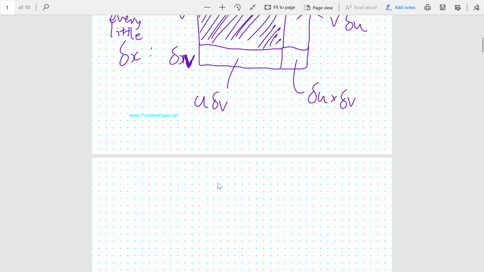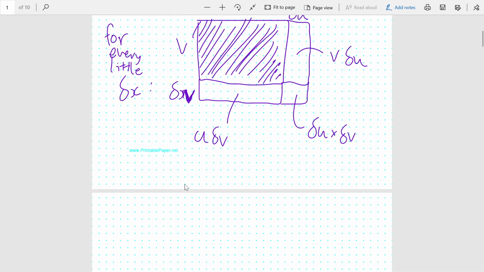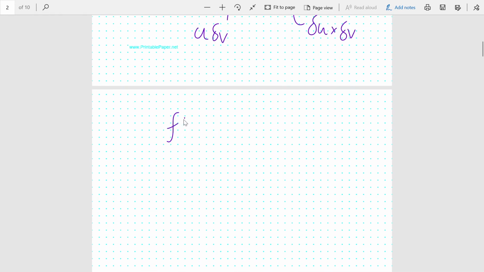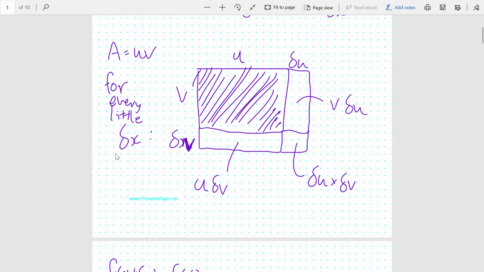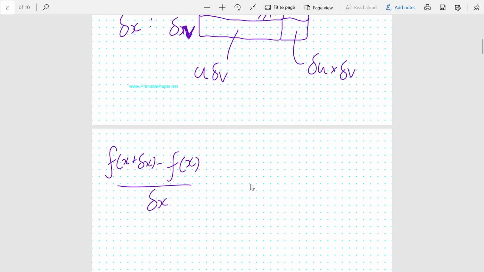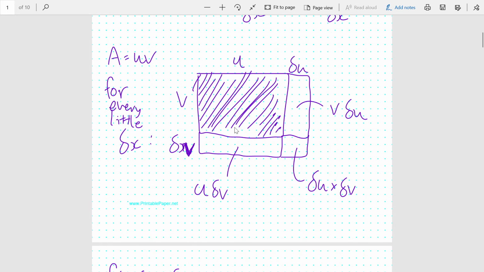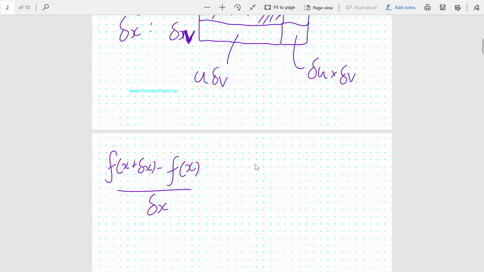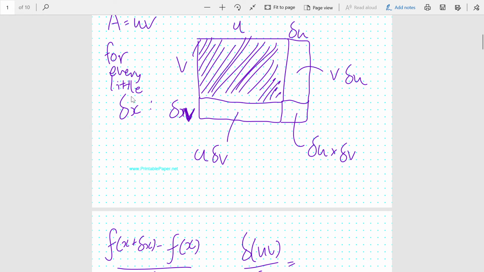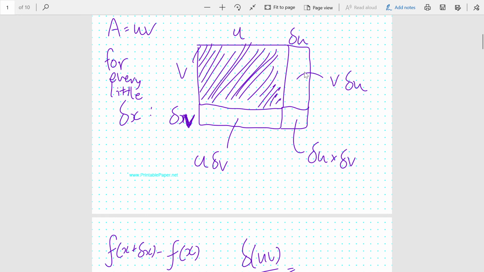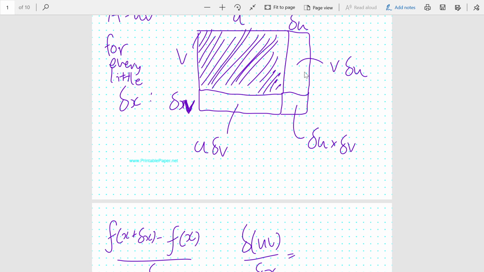So initially it might make sense to say that, if you're working from basic principles, where you have f(x plus dx) minus f(x) over dx, where this is the derivative of something, you would represent the derivative of the product or the area, because of the three rectangles that are added here, d(uv) by dx will be, of course, since this is for every dx, we have to divide these quantities by dx to demonstrate the rate of change rather than just the change.